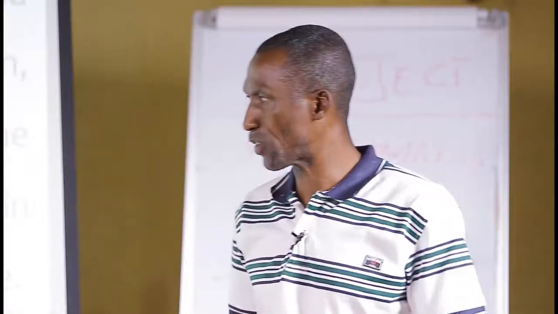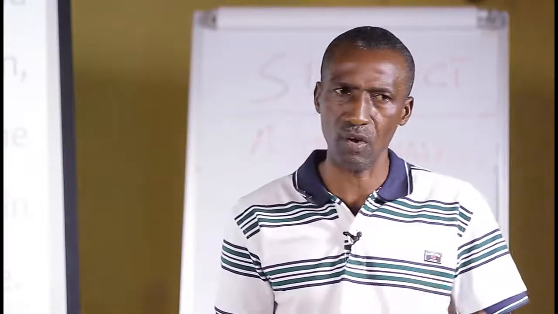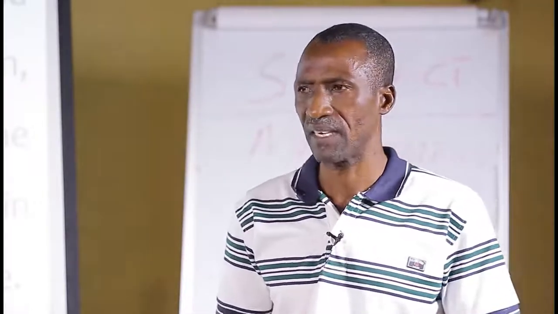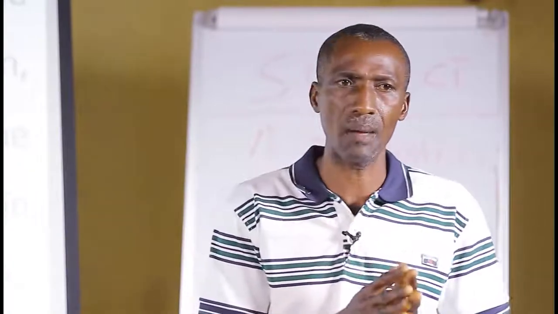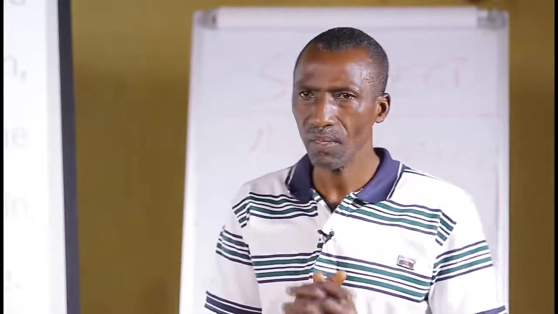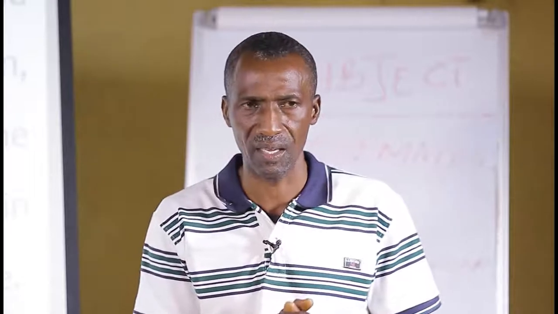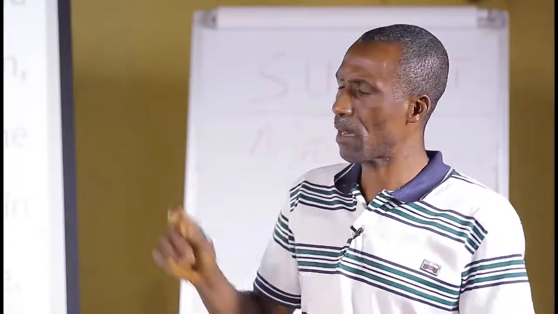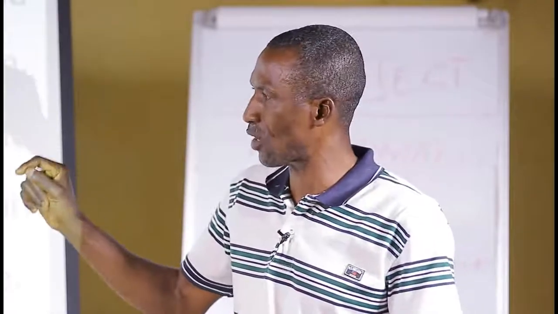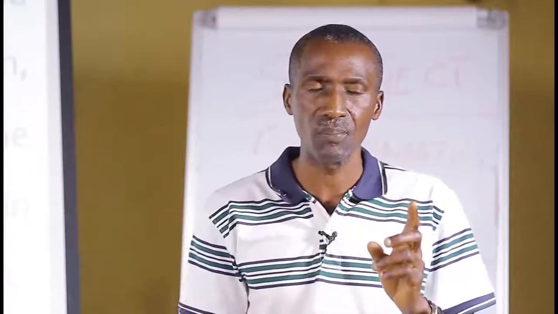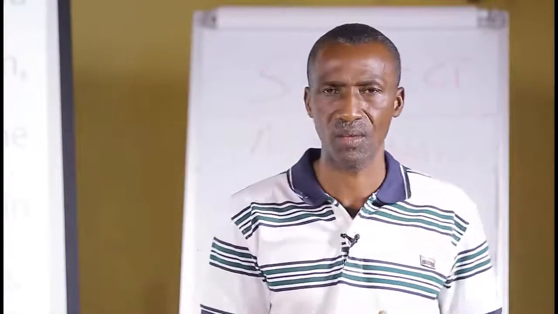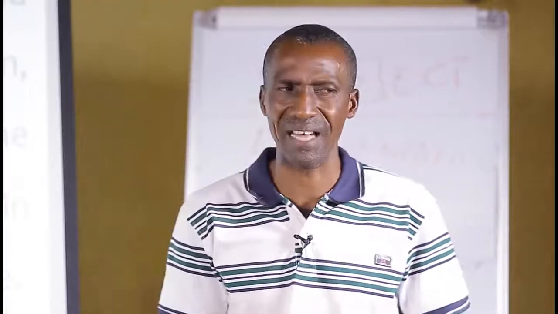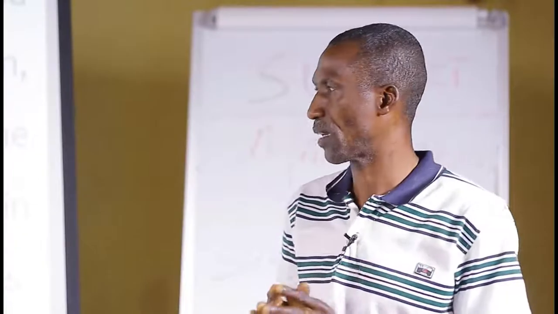Now, number 2, after making one of the unknowns the subject of the formula, the new equation obtained becomes equation 3. And don't forget, in making a variable the subject of the formula, always look for a variable that has 1 as its coefficient.